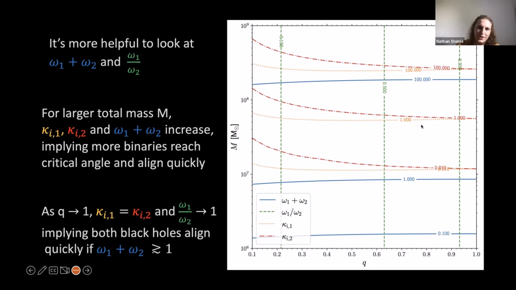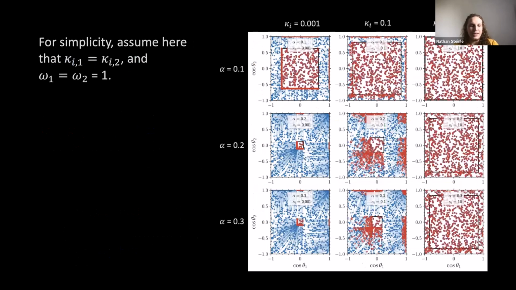And so you can imagine there are regions in this parameter space that are more favorable than others to produce highly aligned binary black hole systems. And to try to get a feel for the general behavior of the spin orientations, for simplicity, let's assume that the two initial kappas are equal.